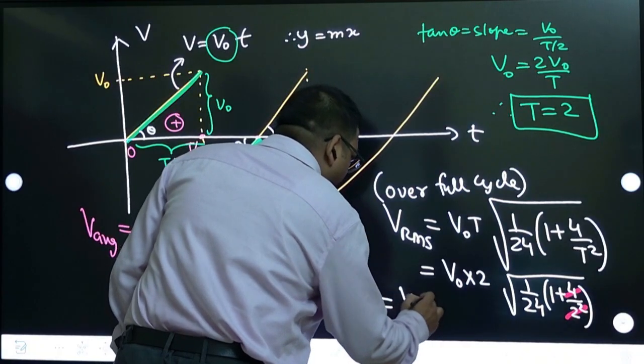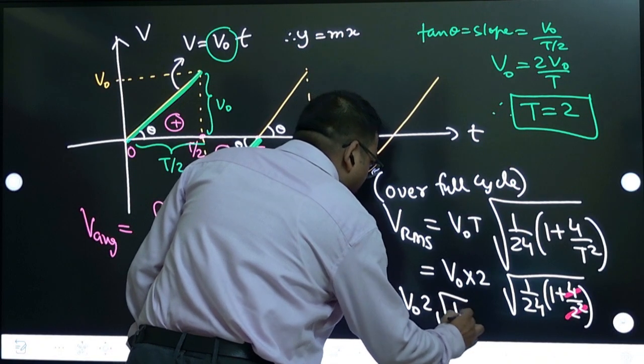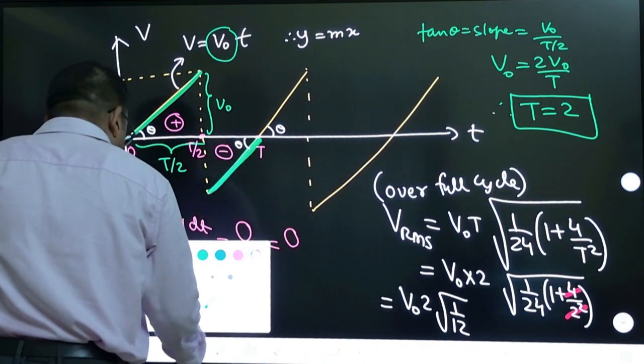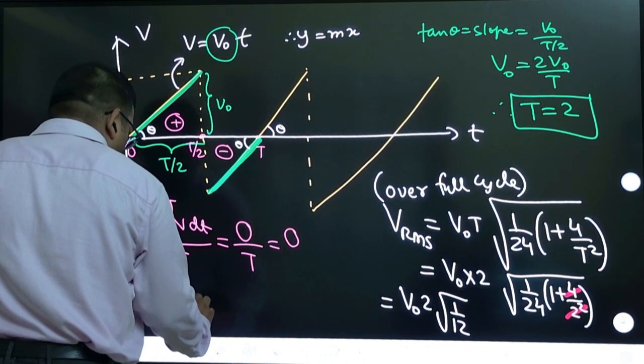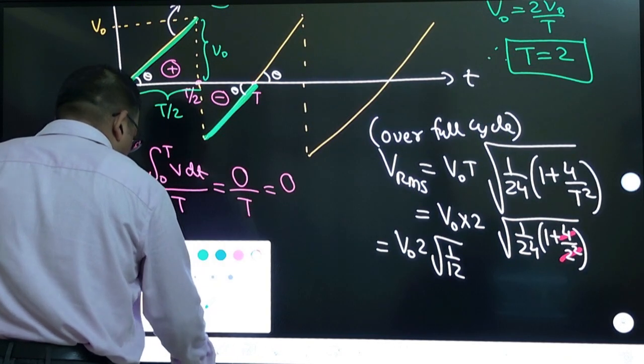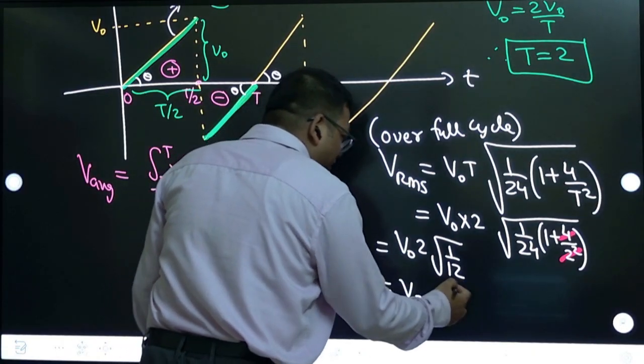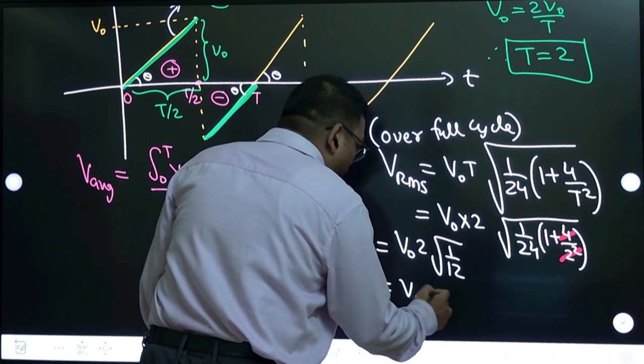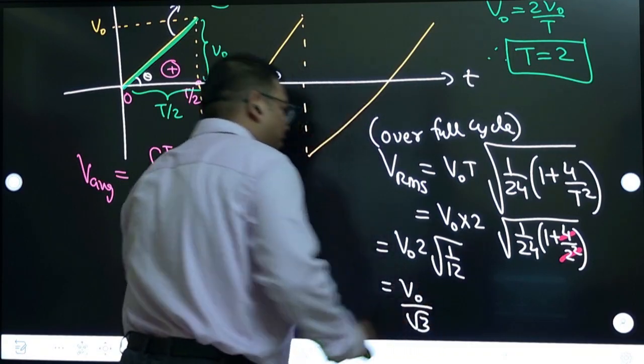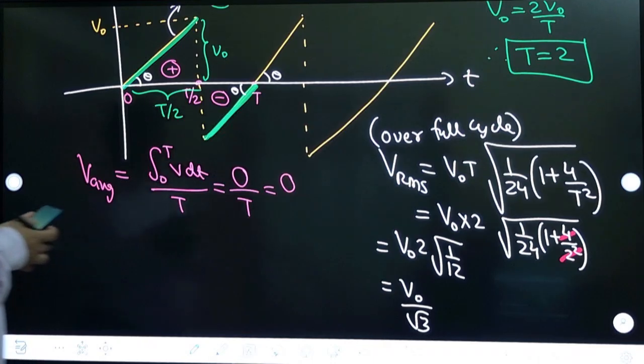So V naught 2 root 1 by 12. Then this 2, if you want, you can take inside: 4 into 3, so V naught by root 3 will come. Correct? Check this.